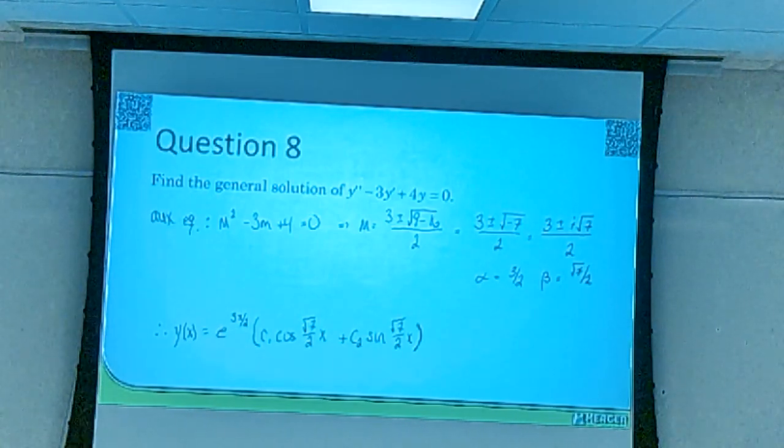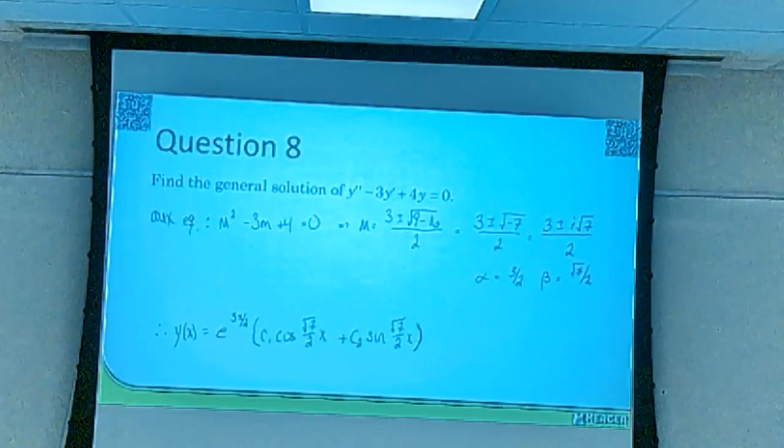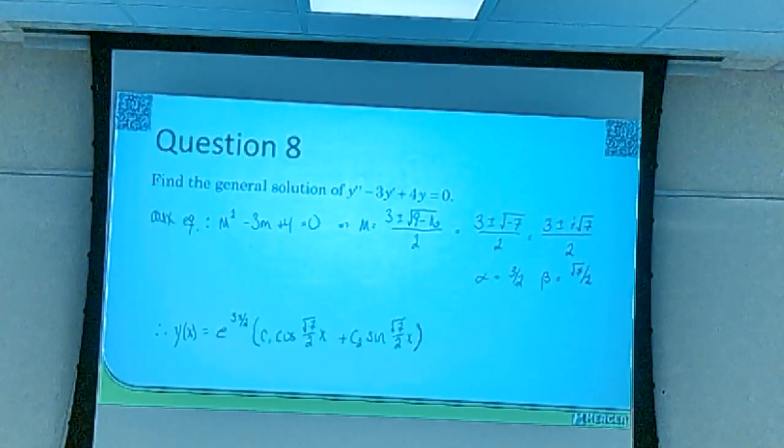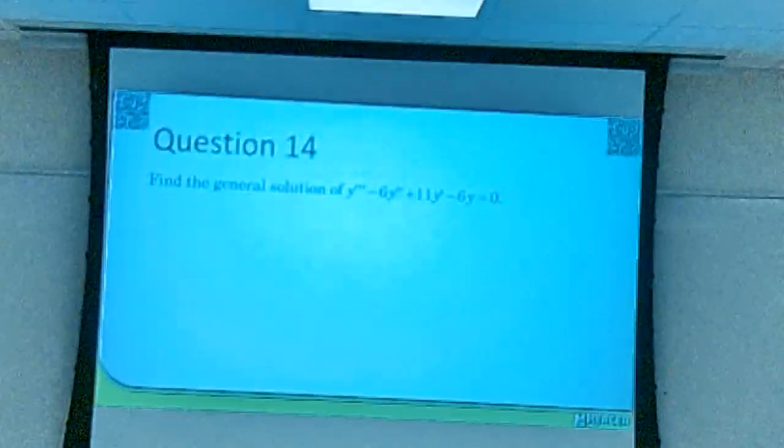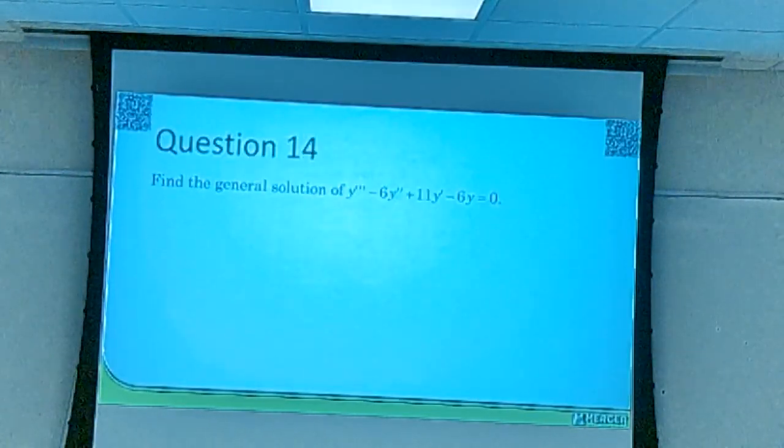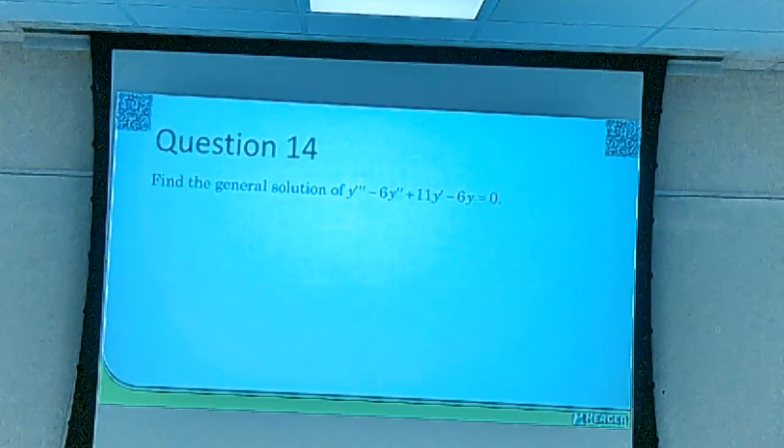Remember, a positive discriminant means you have distinct real roots. A discriminant of 0 means you have repeated roots, and a discriminant less than 0 means you have complex roots. But that's for second order. Once you get up to third order, you can have a mixture.